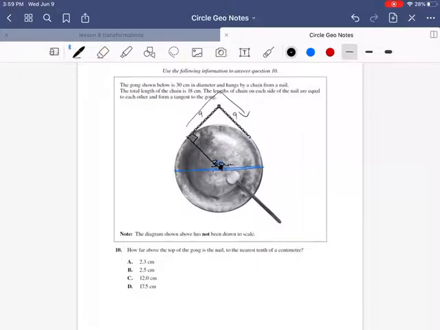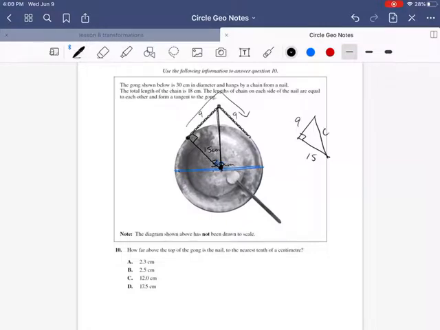What else can we figure out here? If the full diameter is 30, that means that this is 15 centimeters from there to there. So really we have a side length 9, this is 15, and we've got a right angle triangle, and we want to figure out how far above the top of the gong is the nail, to the nearest tenth of a centimeter. So we're going to figure out this full distance there, okay?